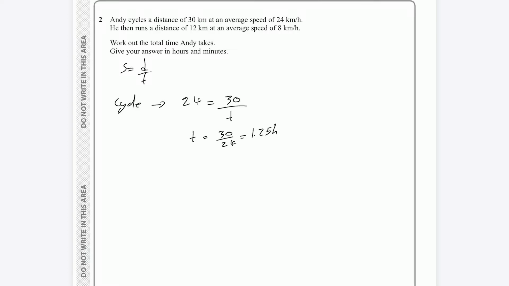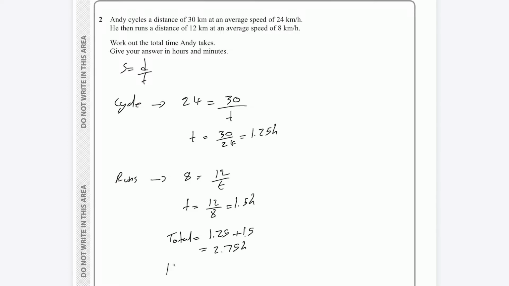And then the other one is when he runs. Again, we can sub into the formula speed is distance over time, so that's 8, 12 over t. We could rearrange this for t, which becomes 12 over 8, which is equal to 1.5 hours. And then in total, that is 1.25 plus 1.5 hours, and that becomes 2.75 hours.